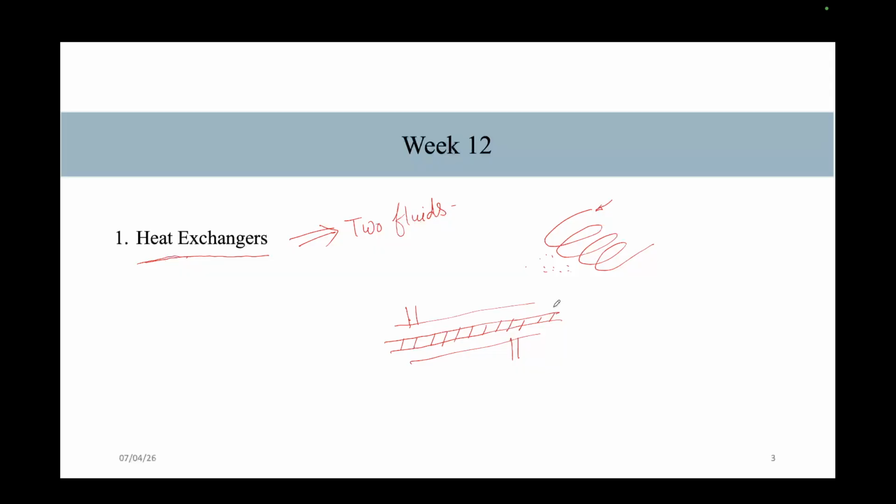Like if I talk about the human body, I am just giving an example. In the human body there are veins, right? Right or wrong? These are veins. So what is flowing inside this vein? Blood is flowing inside this vein. And what is outside in our body?